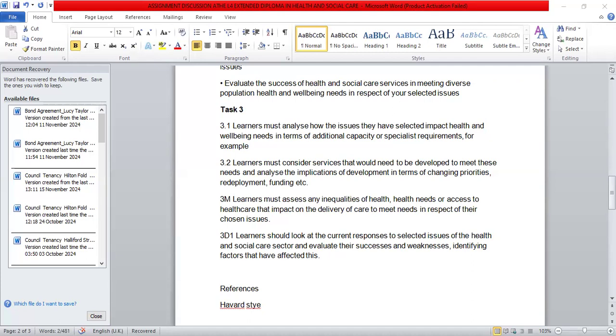So in this case, we are looking at analyzing the impact the selected issues have on health and social well-being needs in terms of the additional capacity and specialized requirements. And then 3.2, we should be able to consider the services that would need to be developed to meet these needs and analyze the implication of development in terms of changing priorities and redevelopment and funding.